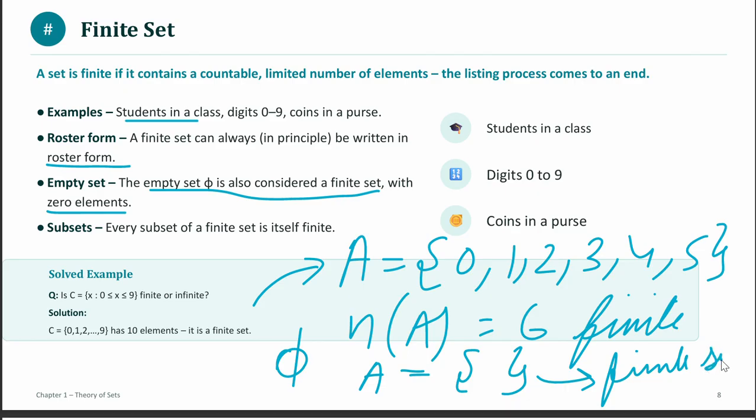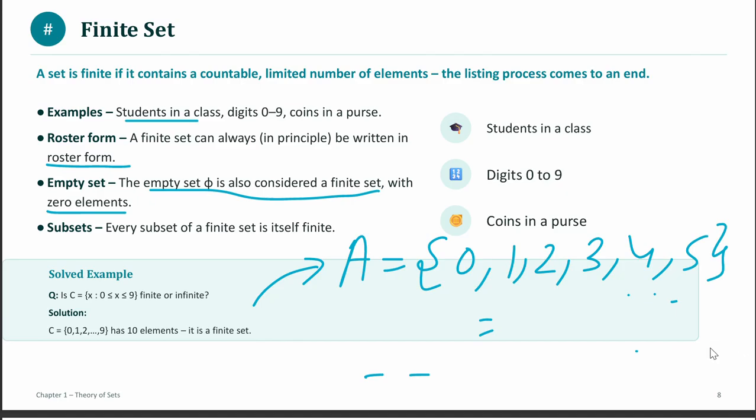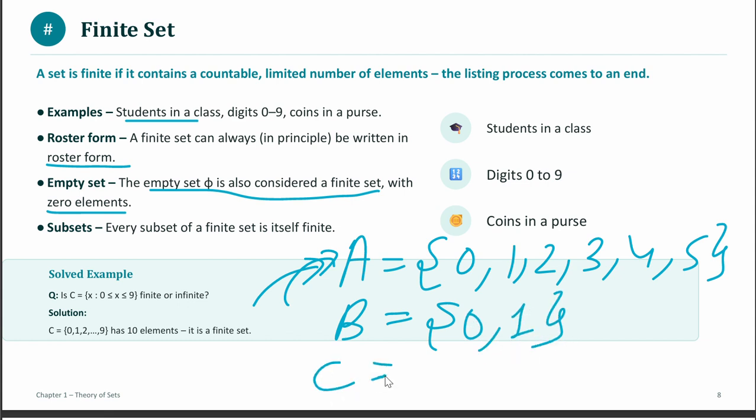okay? Now, every subset of a finite set is itself finite. What I mean by this is that if I consider making some subsets from it, subsets means that I am taking some elements from my principal set and creating more sets. So B is equal to 0, 1. I have created one more set, and C is equal to, maybe I can create it to be 4.